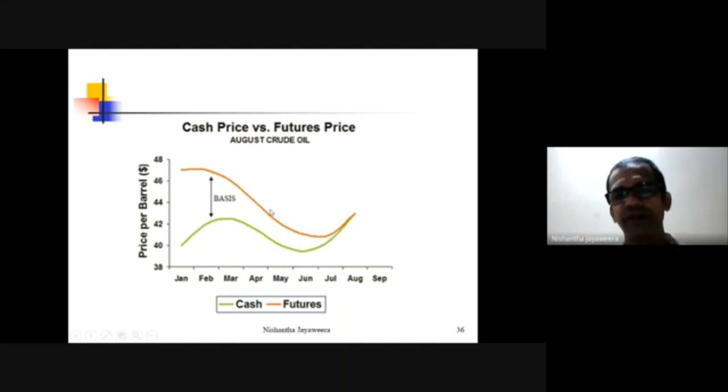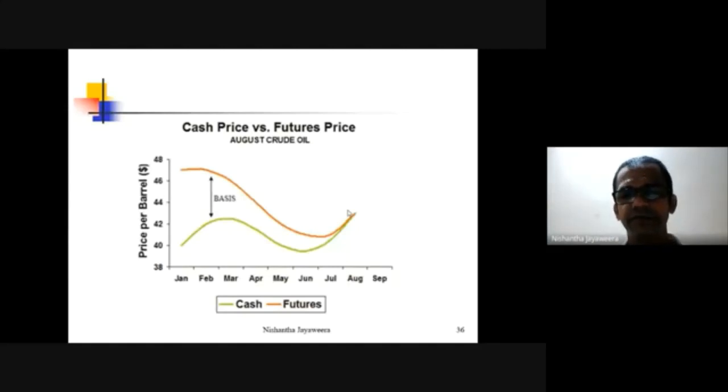So from minus 5 to minus 2, the basis has increased. In this instance, we have to think not only about the absolute figures 5 and 2, we have to consider the sign, minus 5 and minus 2. From minus 5 to minus 2, it's an increase.